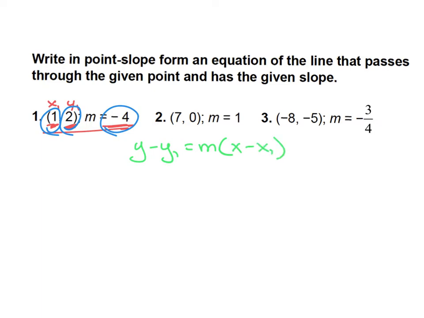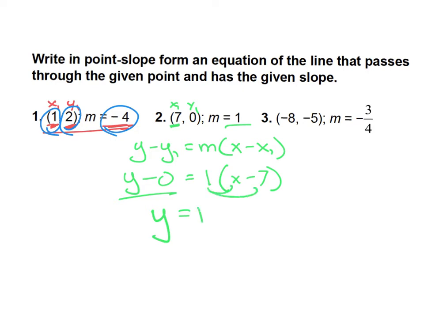Okay, here we go. y minus, remember, x1, y1, so this is 0. m is 1. x minus, here's our x1, so 7. This side is easy. y minus 0 just gives us y. Distributive property, 1x minus 7. Ladies and gentlemen, there's our equation. Nice and easy.